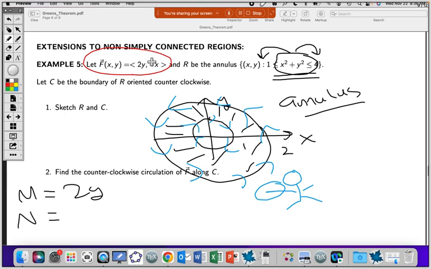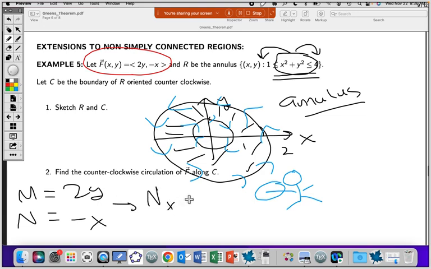And the N would be the y component, and M and N have continuous first partials everywhere. Okay, so not only within the region R itself, but also within that smaller circle that's left out. So I can go ahead and hit this with Green's theorem.